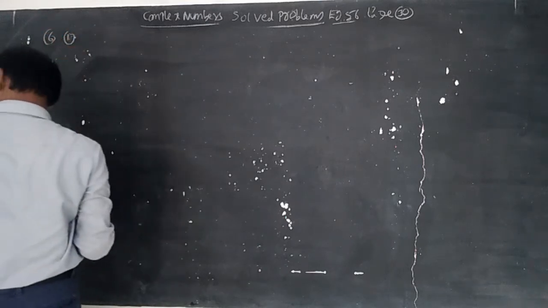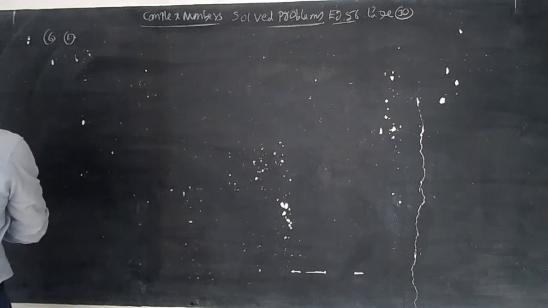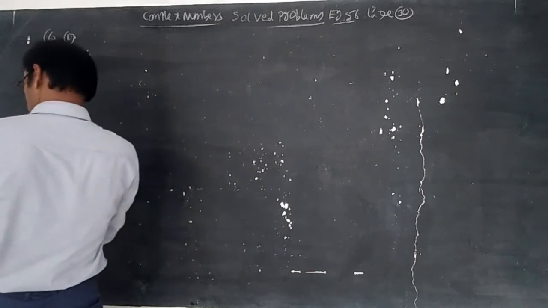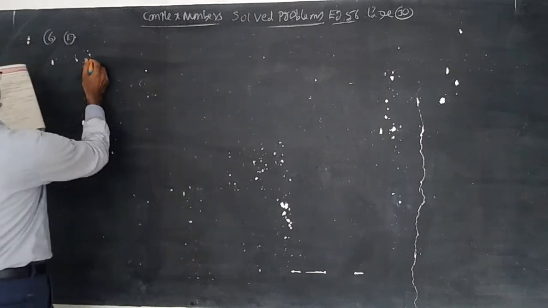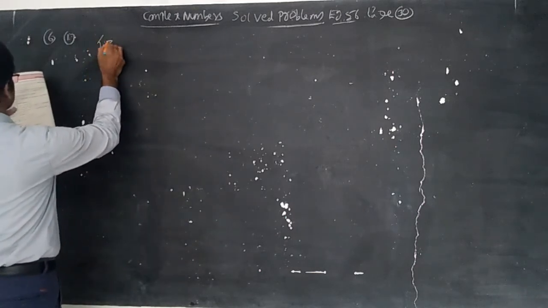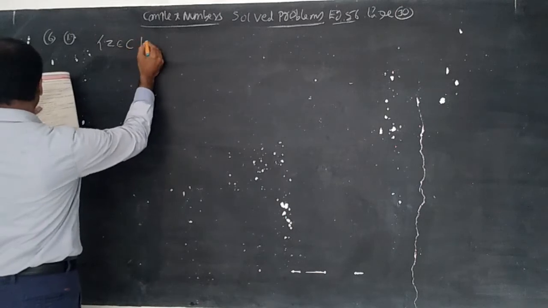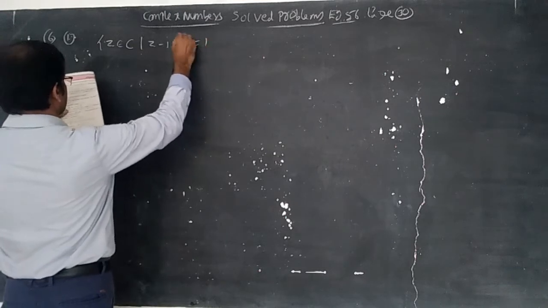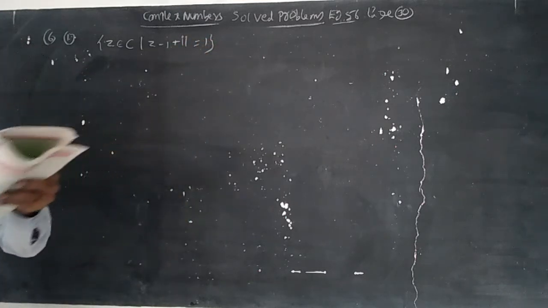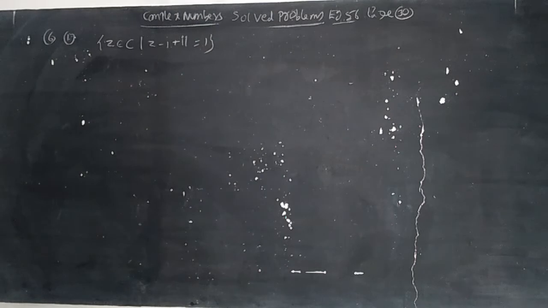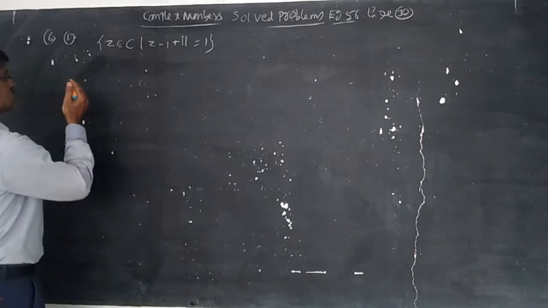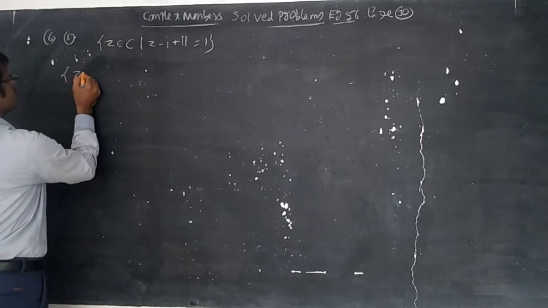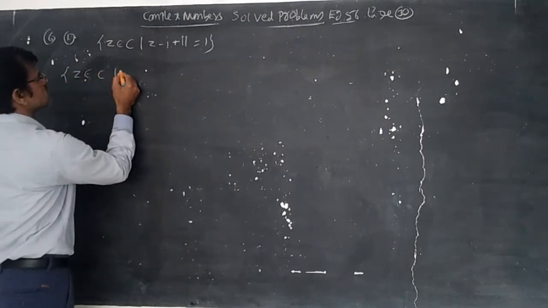Describe geometrically the following subsets: z belongs to C such that modulus of z minus 1 plus i is equal to 1. z belongs to C means it is a complex number. So it is a set relation.